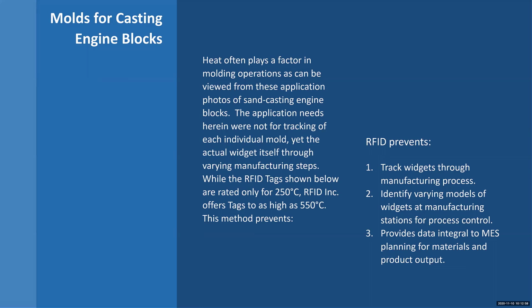We also were involved with engine blocks. And we did this with tags that were high temperature, low frequency tags at the time. Today, we now have UHF tags that are available at 400 degrees C, and in prototyping right now is 550 degrees C. In this particular application, we were just tracking their molds through the process.